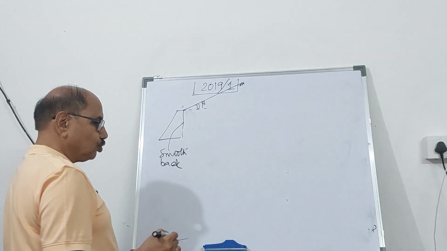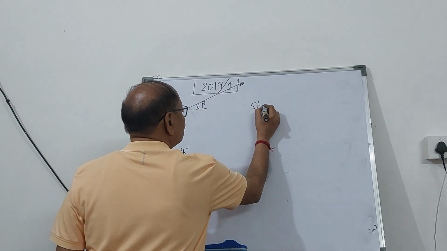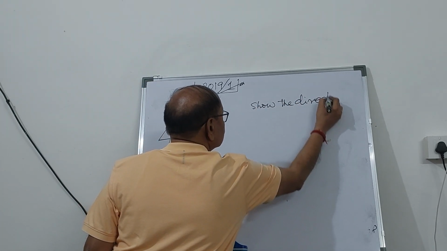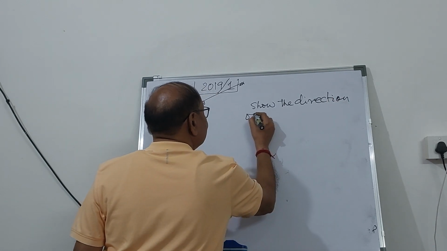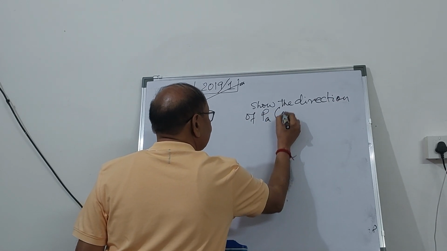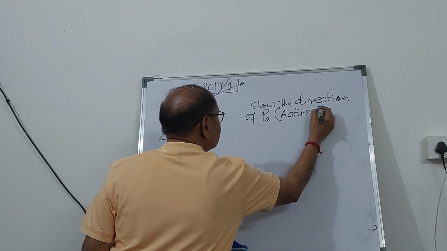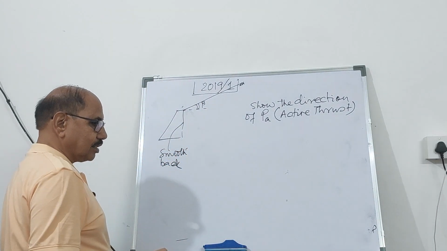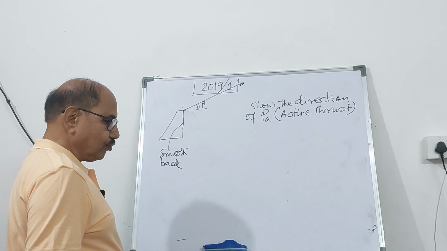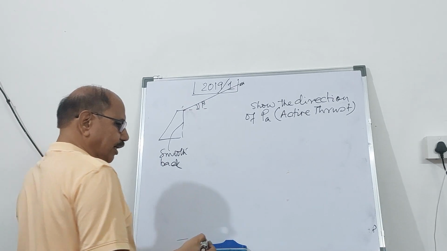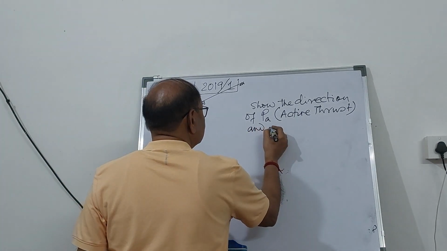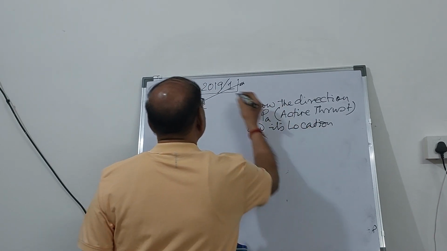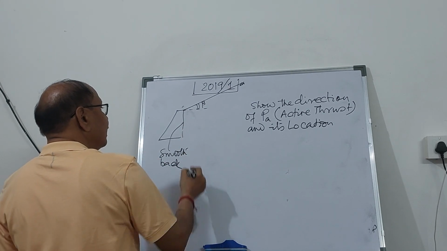So you will have to show the direction of active thrust PA, not pressure, but active thrust on the wall, and its location. This is the problem asked in GATE 2019.